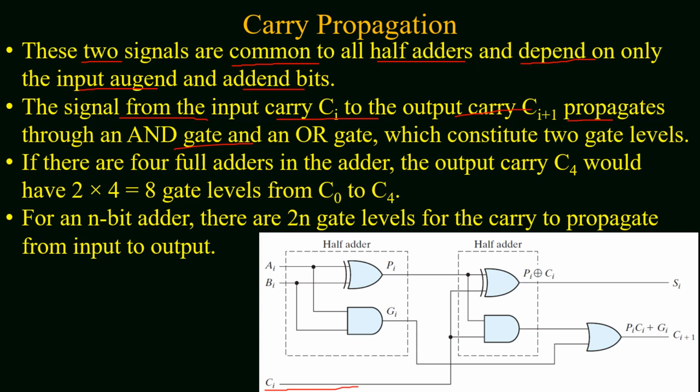And if there are 4 full adders in the adder circuit, then the output carry C4 would have 2 times 4 equals 8 gate levels from C0 to C4. So we can say that for an n-bit adder, there are 2n gate levels for the carry to propagate from input to the output.